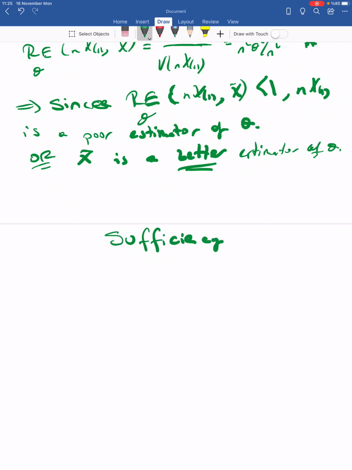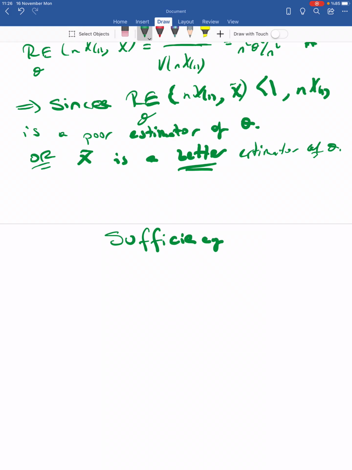This is a very important topic. So being a sufficient estimator: here we are trying to find an estimator which has all possible information to be able to estimate the unknown parameter from the sample.